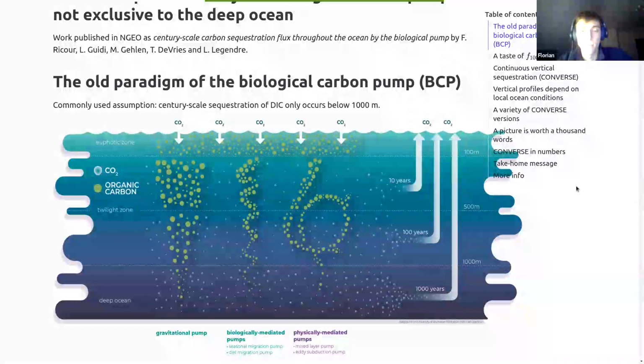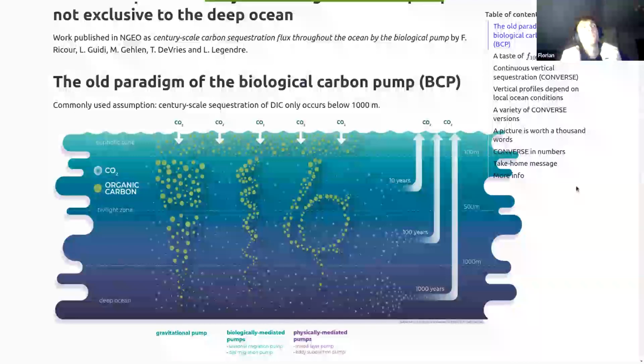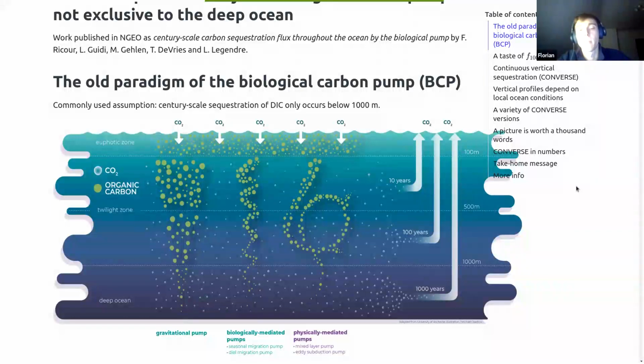And then you have the less well-known physically mediated pump, related to the physical circulation. It is the transport of dissolved organic carbon through the mixed layer pump, which is the succession of shallow and deeper mixed layers. And then you also have the transport of carbon by the eddy subduction pump and the large-scale subduction pump.